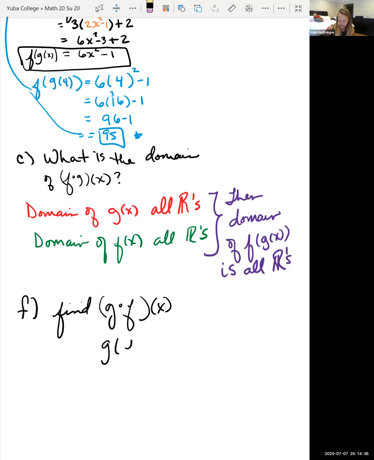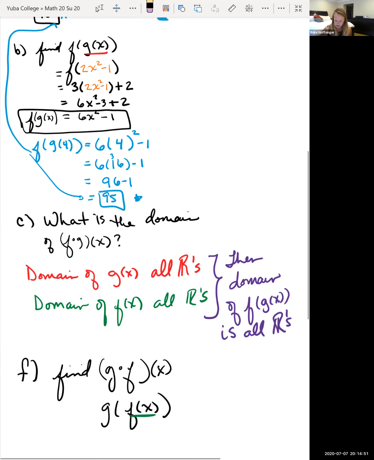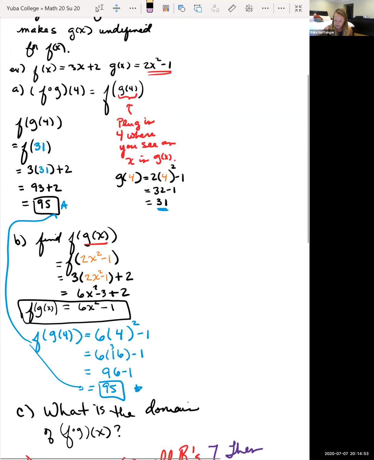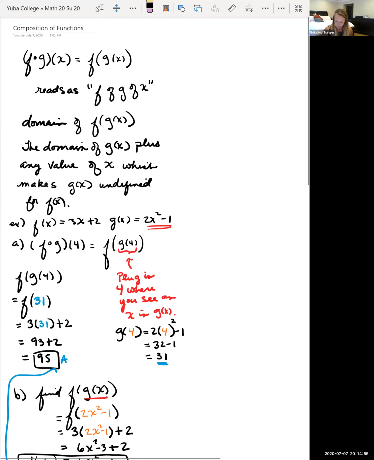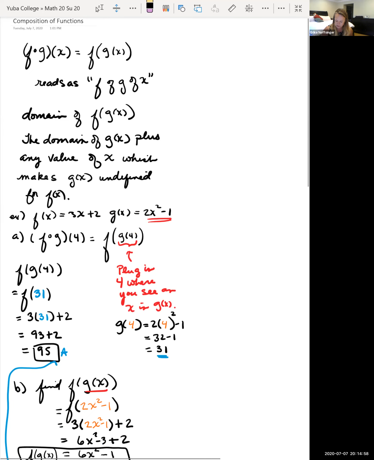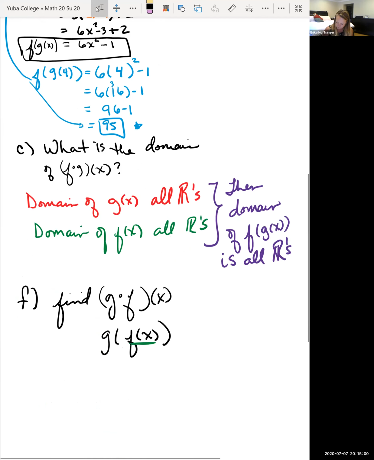So this is now telling us to take our equation of f of x. So f of x was 3x plus 2. And we're going to plug that wherever we see an x in g of x.